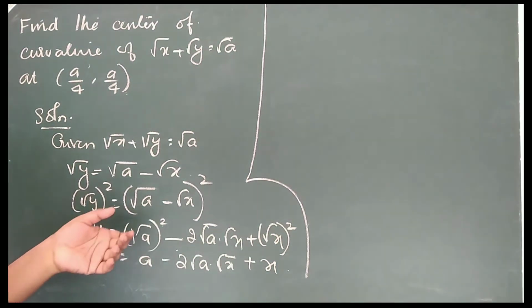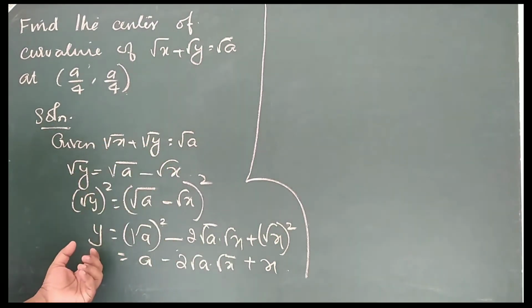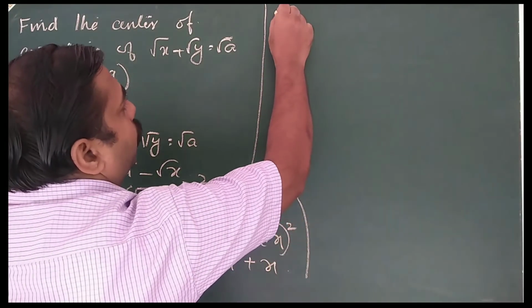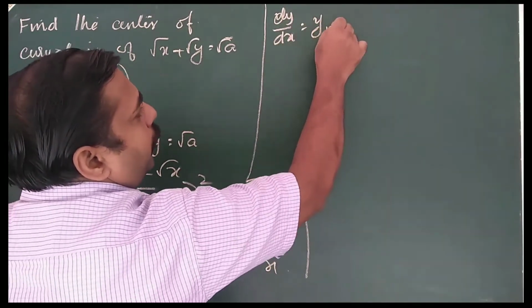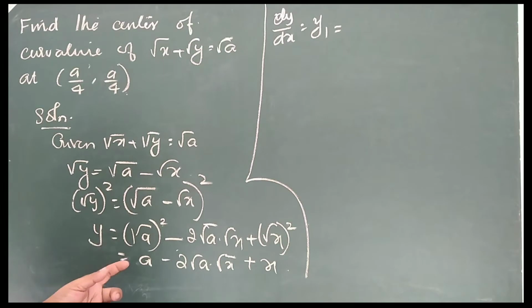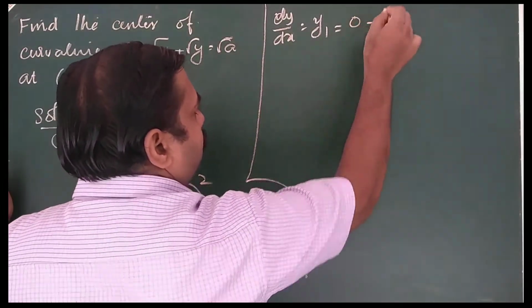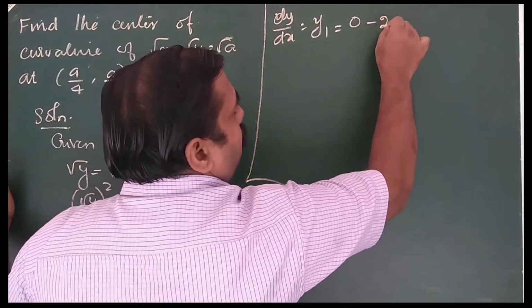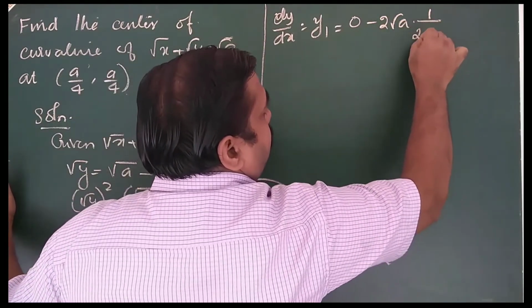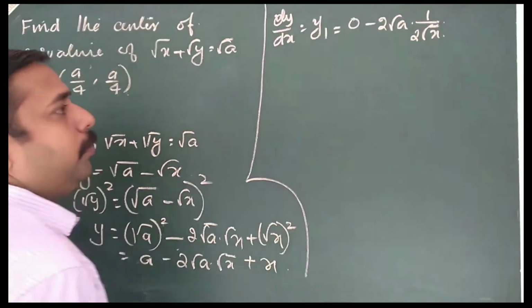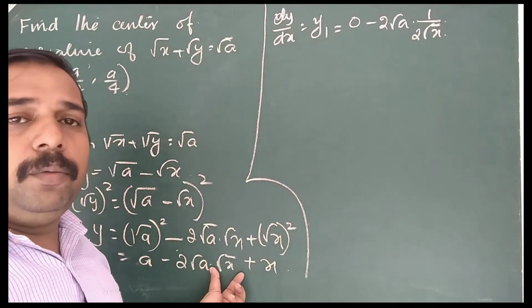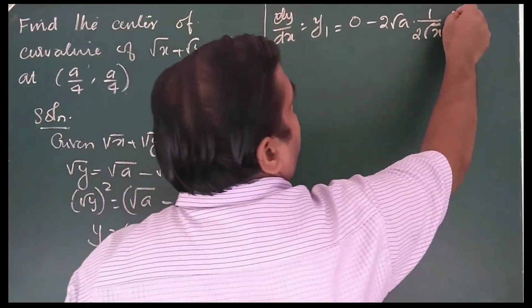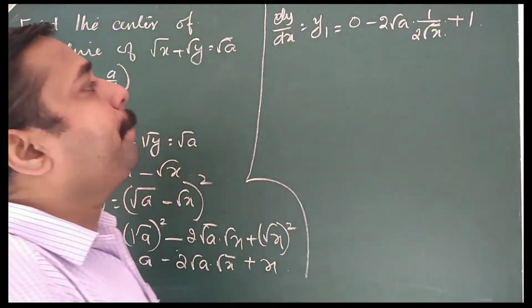So this is to simplify the given equation. Now it is easy to find the derivative. So dy by dx is y1. What is y1? First, the constant term gives 0, then 2 root a is a constant and root x differentiation is 1 by 2 root x, plus x differentiation is equal to 1.